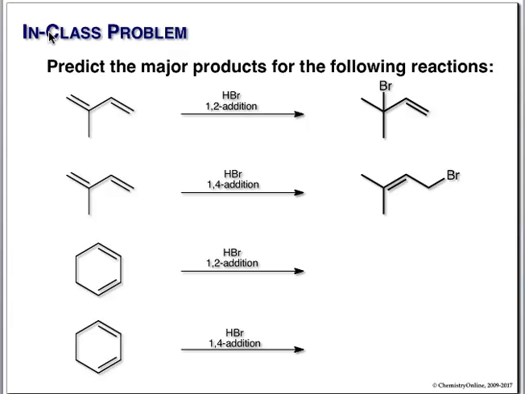First step, we're going to add a proton to one of the double bond carbons in order to form the most stable carbocation.